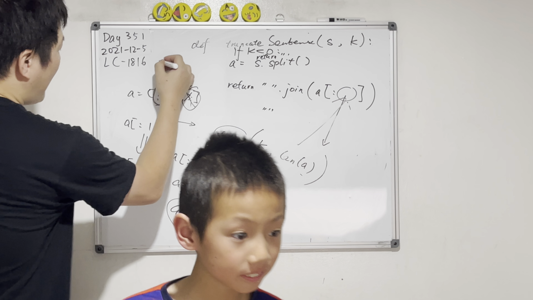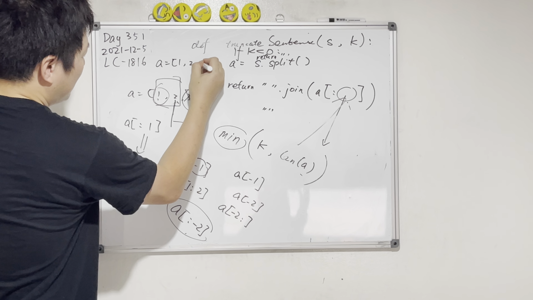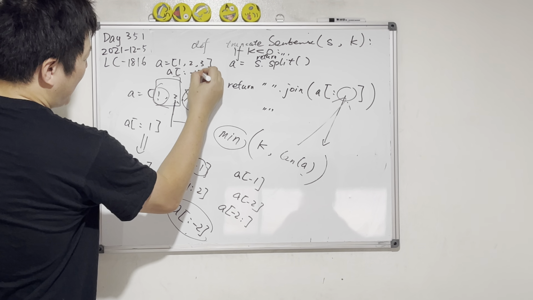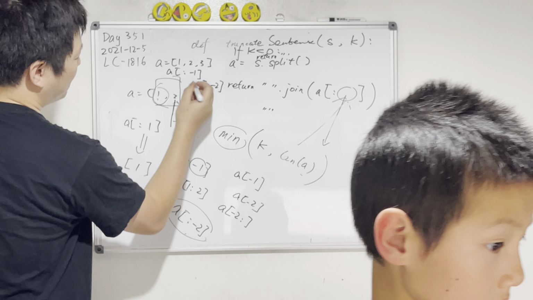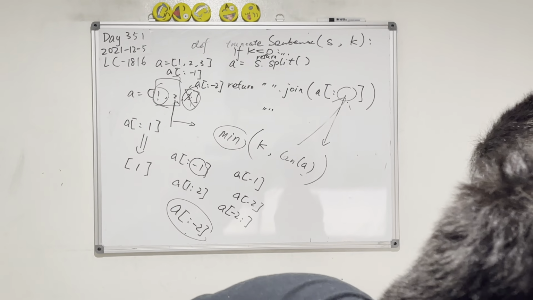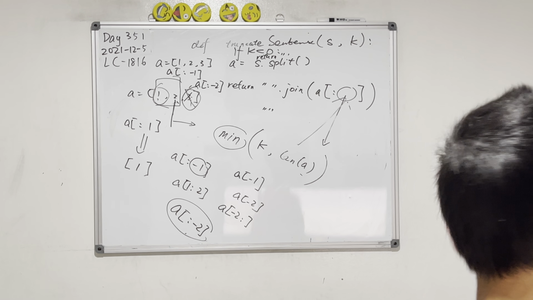Okay, so look, A is 1, 2, 3. A colon minus 1 is 1, 2. A colon minus 2 is 1, okay? Make sense? Yeah? Okay, that's it for today. Bye-bye.